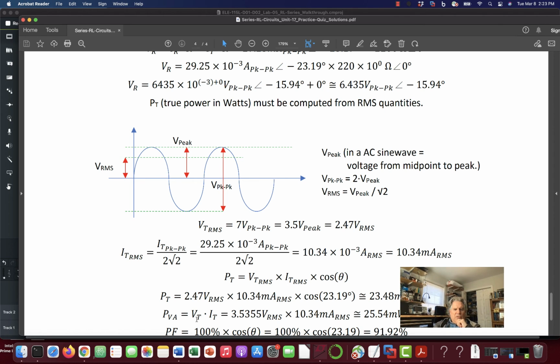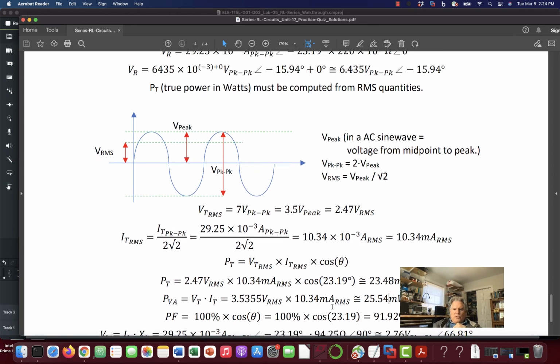PVA, our apparent power in volt-amps, equals the total voltage times the total current, and we don't take into account the phase angle. This is just the apparent power. So 3.5355 volts times 10.34 milliamperes gives you 25.54 millivolt-amperes. And you can see it's got to be equal to or bigger than the real power.